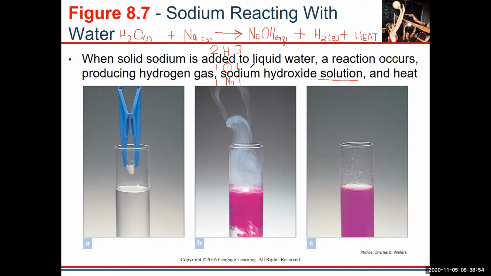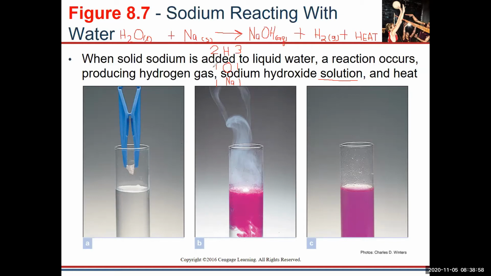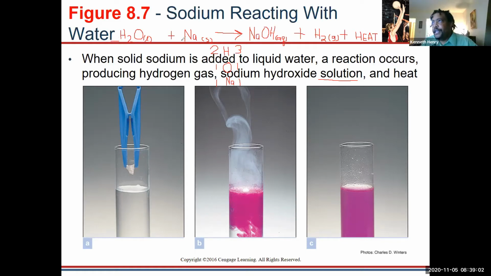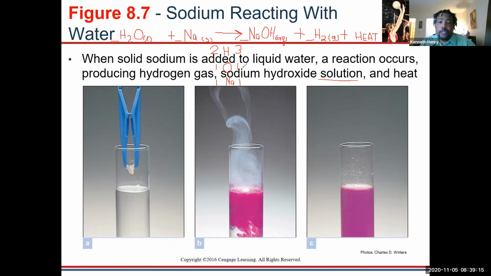What we do is we put coefficients in front of that chemical formula. So we'll put coefficients in front of each of our reactants and our product if we need to, okay?